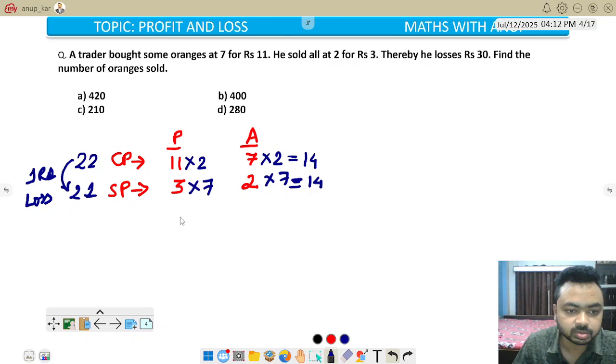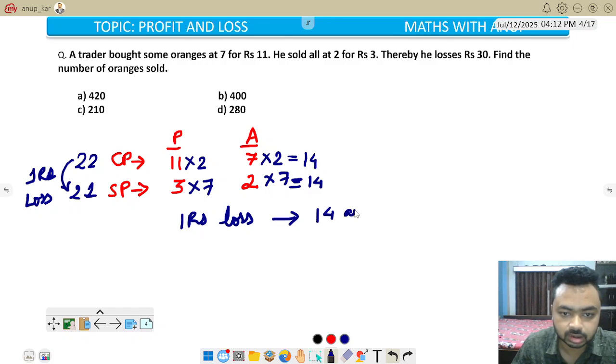So for 1 rupee loss, the number of articles is 14.